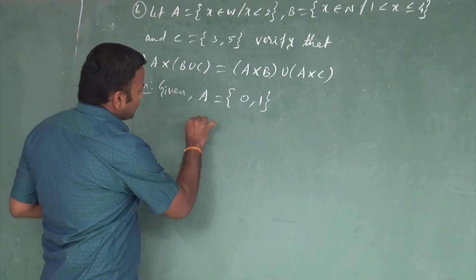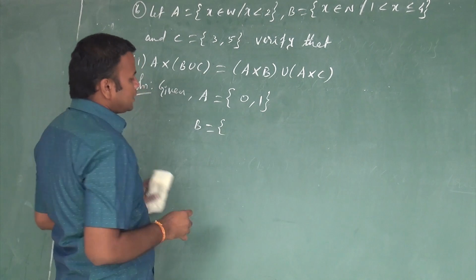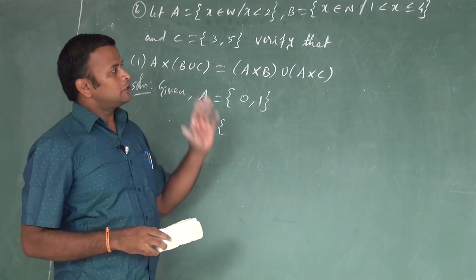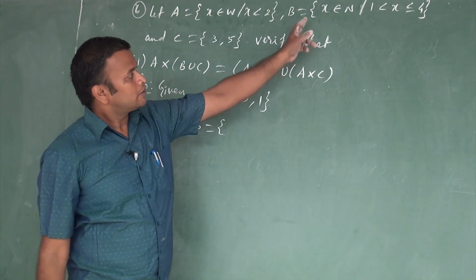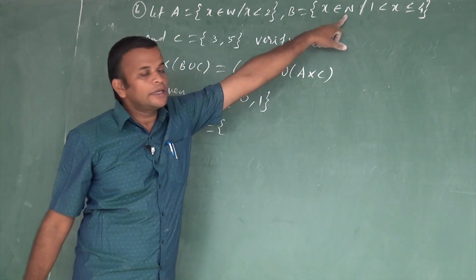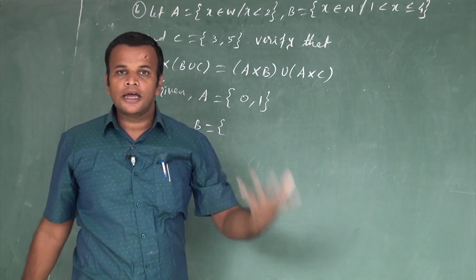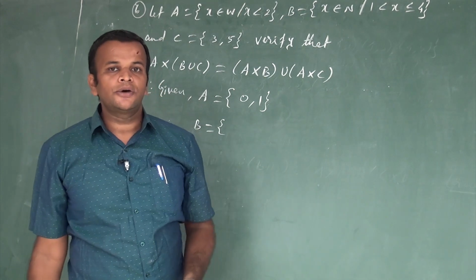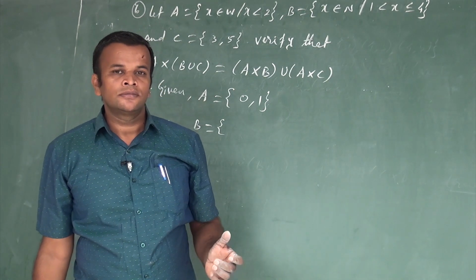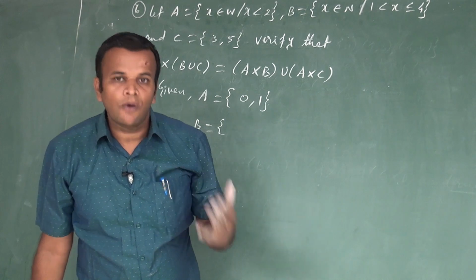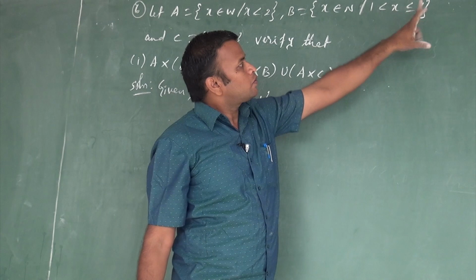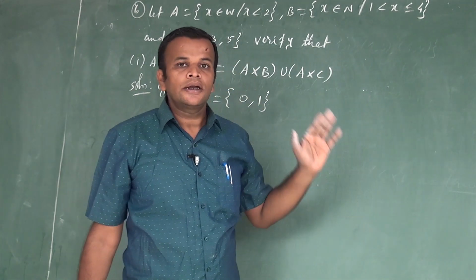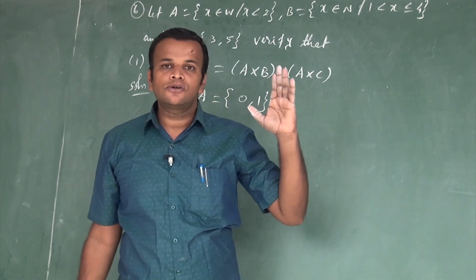Next, we write the set B. We check what the values of B are: x belongs to N. You know very well, capital N indicates the set of all natural numbers. The first natural number is 1, but the value of x satisfies one condition: 1 is less than x, less than or equal to 4.